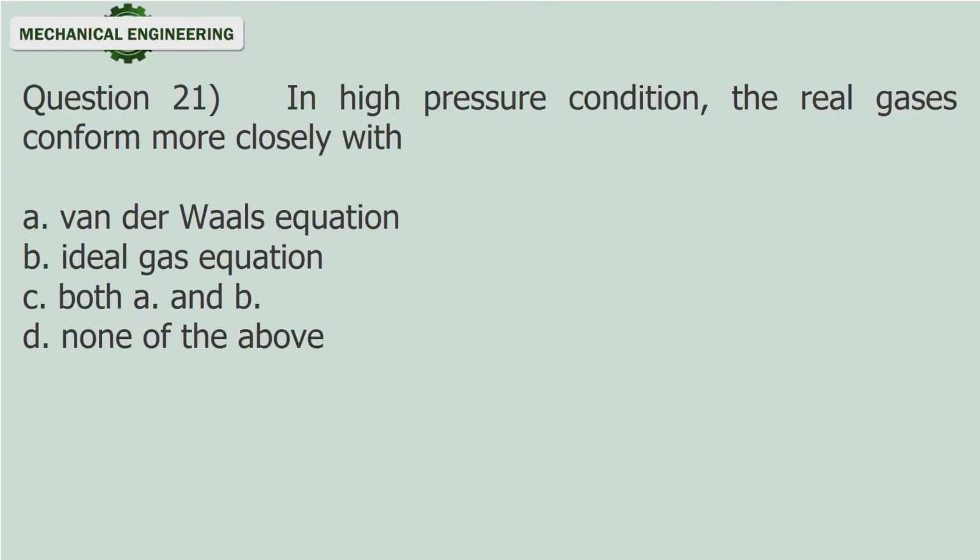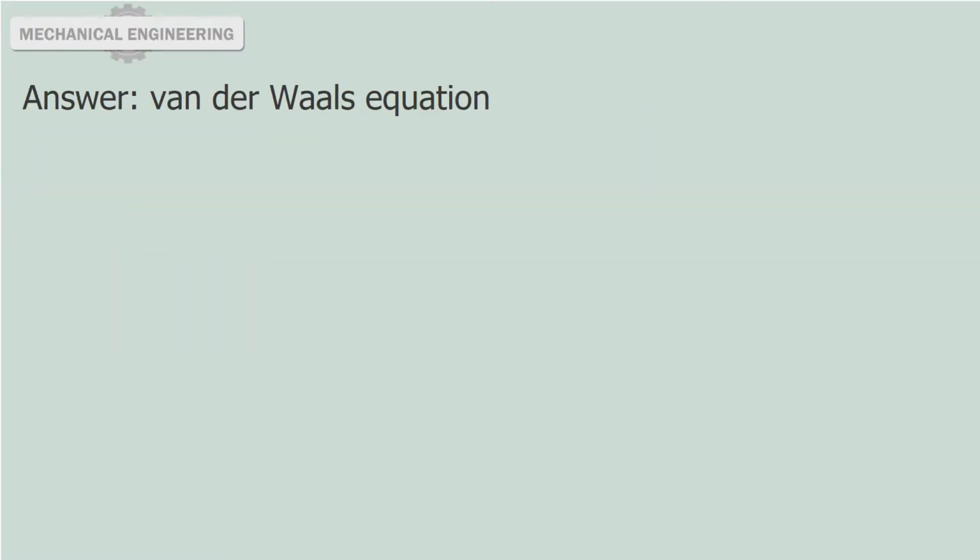Question 21. In high pressure condition, the real gases conform more closely with A. Van der Waals equation. B. Ideal gas equation. C. Both A and B. D. None of the above. Answer: Van der Waals equation.